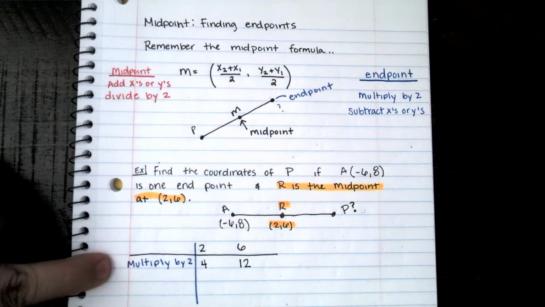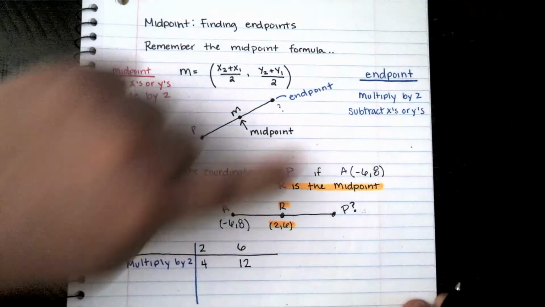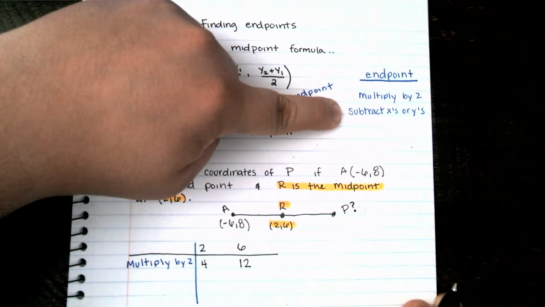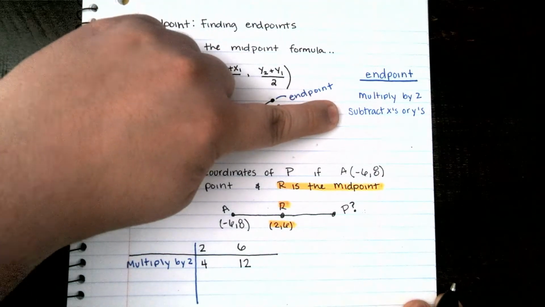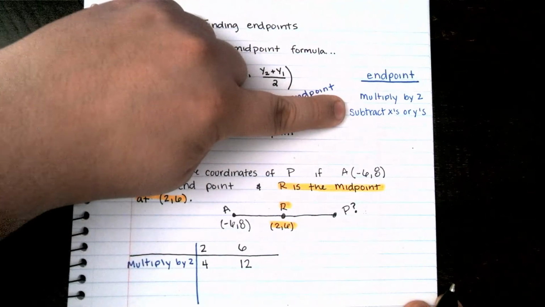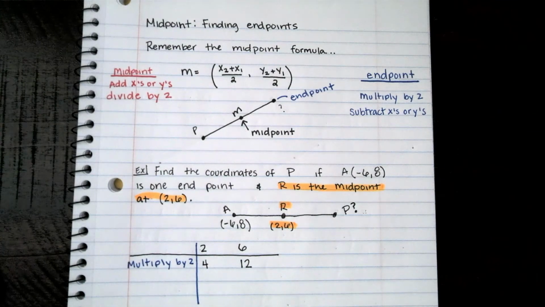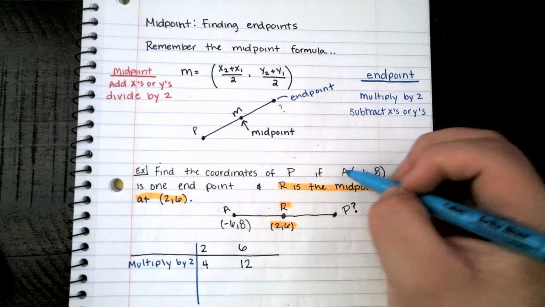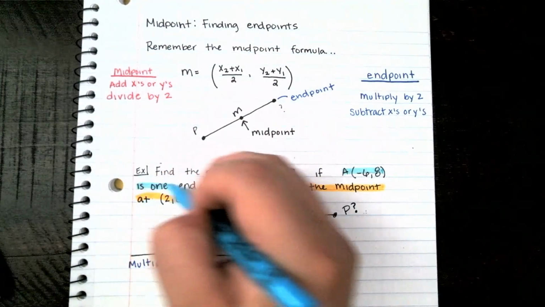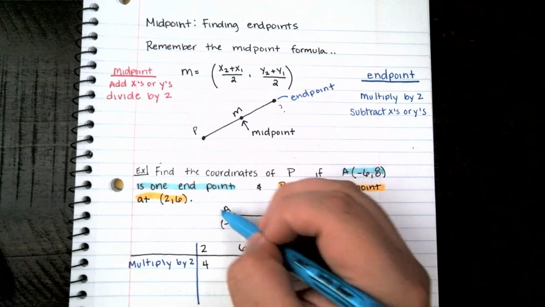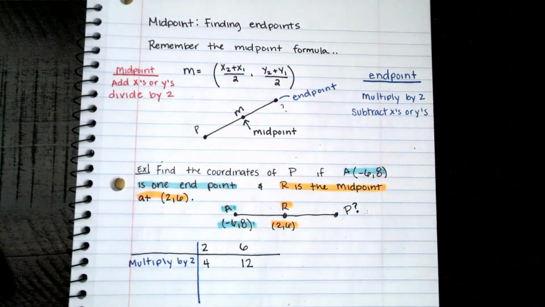So all I did is multiply by 2, and then I have to subtract the x's and the y's. And what I mean by the x's and the y's is I have to use this guy over here, the endpoint. The endpoint is A, so I have to subtract the A because that's an endpoint.